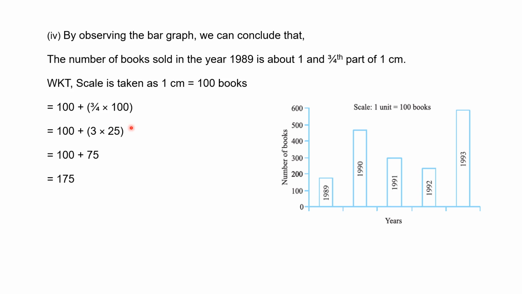So 3/4 of another 100, 'of' means multiplication. You studied this in the previous class, isn't it? Fraction and whole number multiplication. So 3/4 into 100. 4 ones are 4, 4 twos are 8... so 4 fives are 20, 4 twenty-fives are 100, 3 twenty-fives are 75. 100 plus 75 is 175. Clear? So this is how you have to read the bar graph and answer the questions.